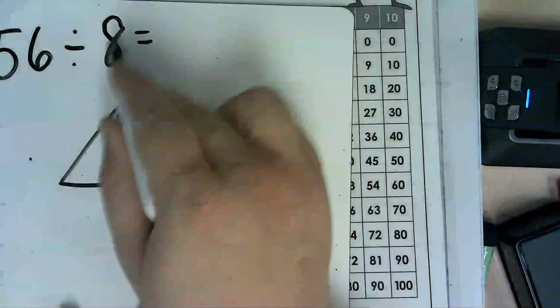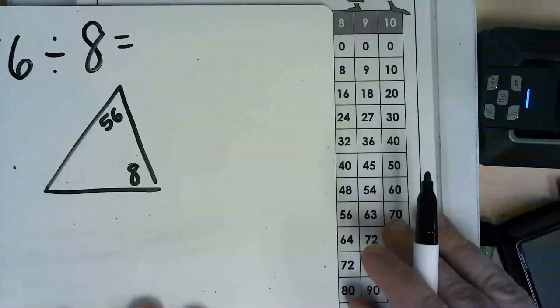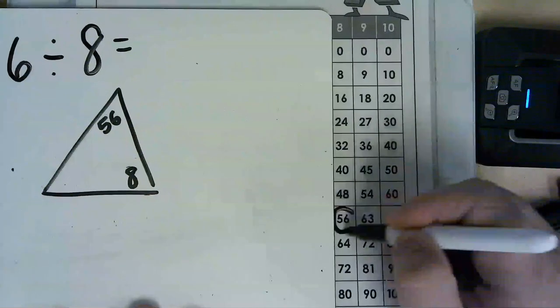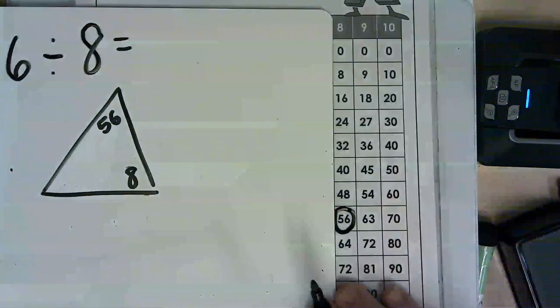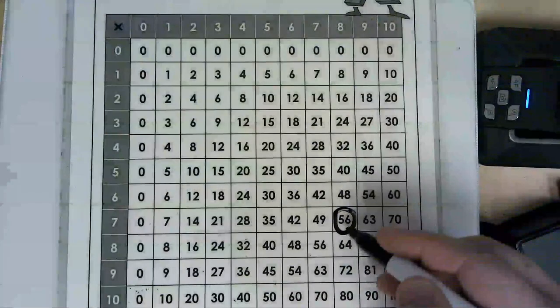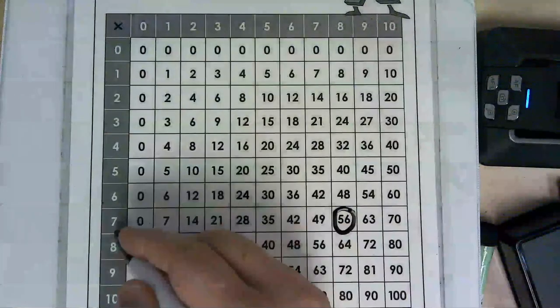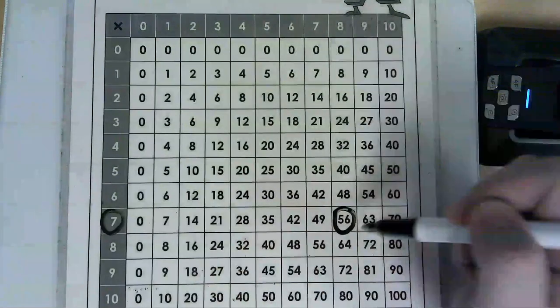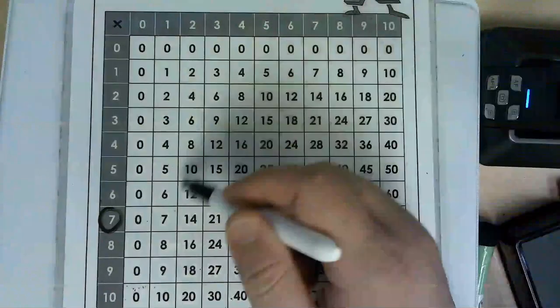So I know 8 is a factor. Where is 56? So I come down. All right, here's my 56. I'm going to go ahead and give that a quick circle. And now I can say, well, 8, and now I'm going to go over, and it's 7. So that means 56 divided by 8 is 7.